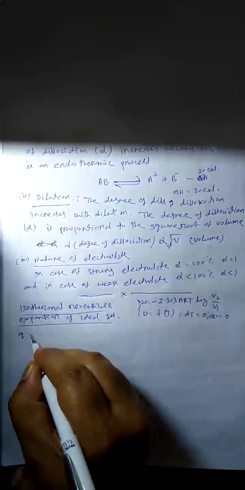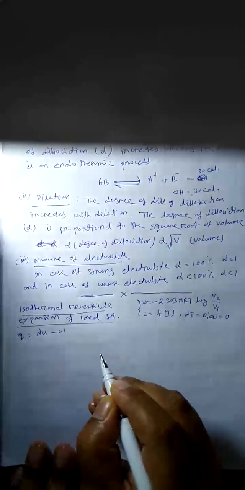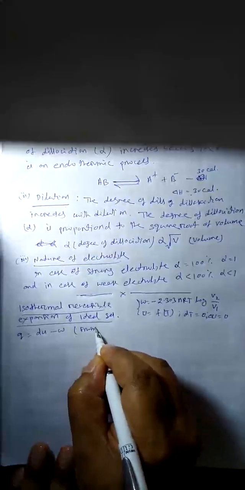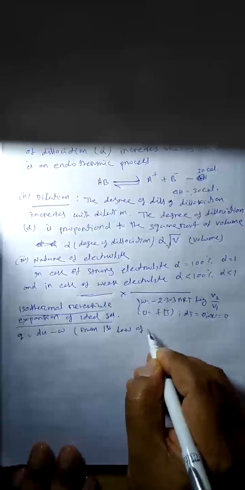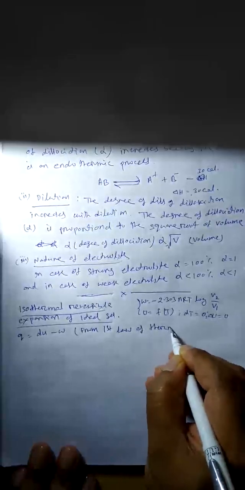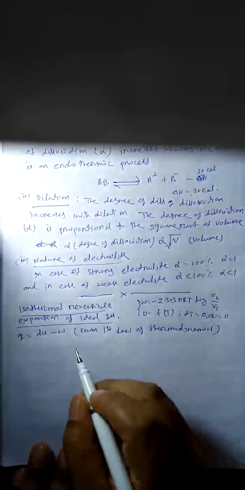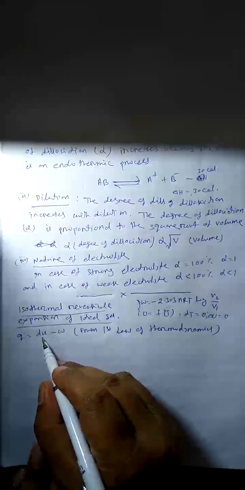Delta Q is equal to dU minus W, from the first law of thermodynamics. Minus W means work done by the system, and dU means change in internal energy.